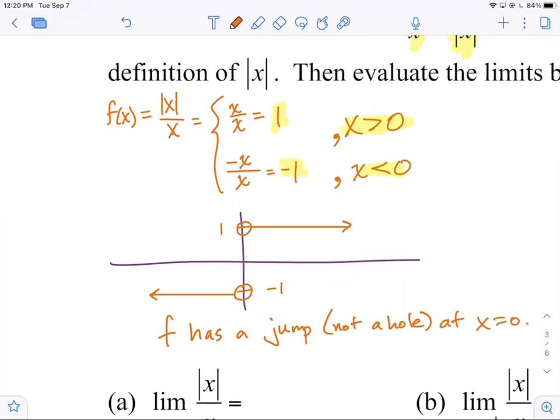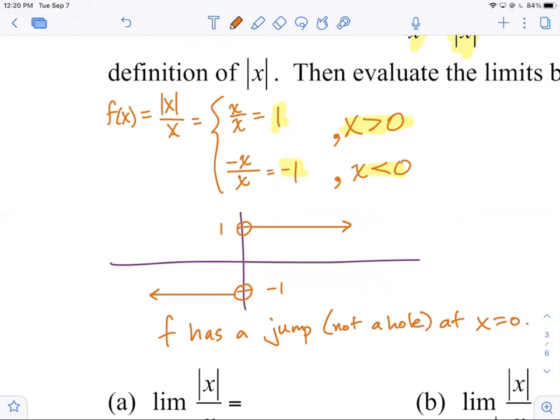Now, piecewise functions are kind of the exception to most of the rules. I wouldn't expect to get 0 over 0 on a piecewise function and expect it to still be a hole. But because I can collapse the piecewise function into a single defined function, the absolute value of x over x, this is a piecewise function in disguise, and it has a jump, not a hole, at x equals 0.